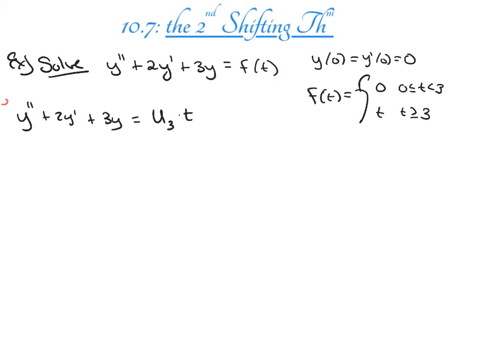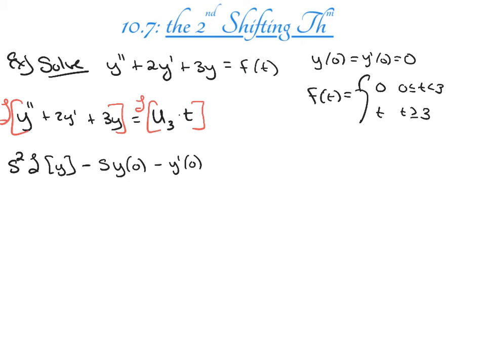Okay, take the Laplace of both sides. And away we go. So remember, the Laplace of the second derivative was s squared times the Laplace of y minus s times y of 0 minus y prime of 0 plus 2 times y prime.